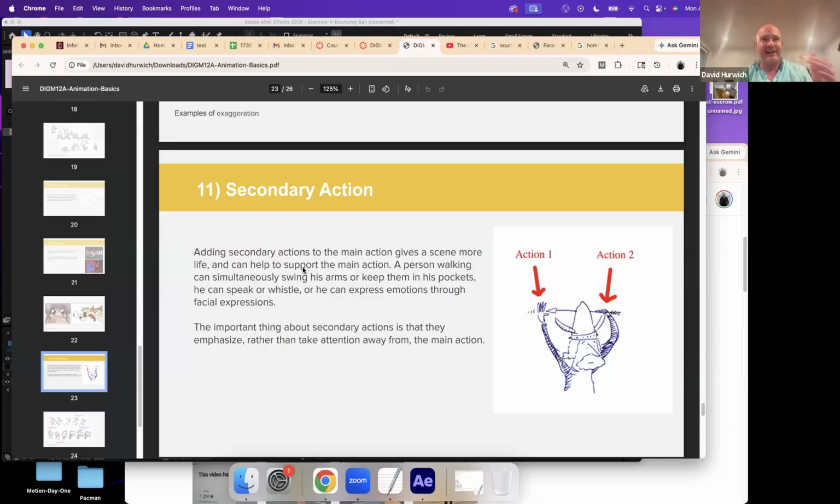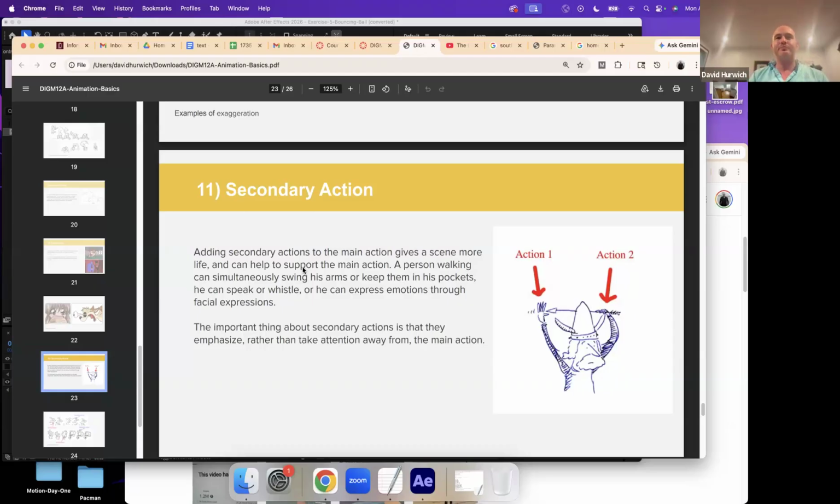Even if it's very slight, when I'm talking to you, I'm moving my arm. You can see my shoulders go like this. My head is bobbing back and forth. Maybe I have clothing that's slightly rustling. All of these are additional actions that make me seem more lifelike, but also reinforce what we're trying to accomplish.